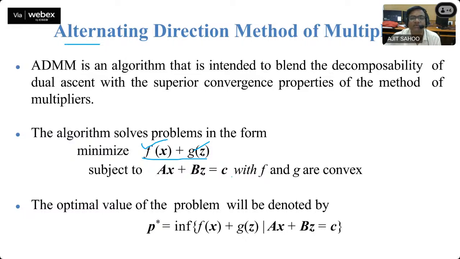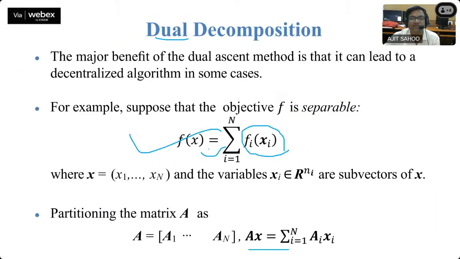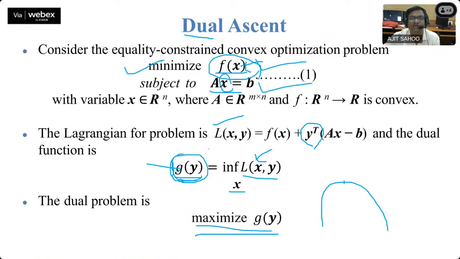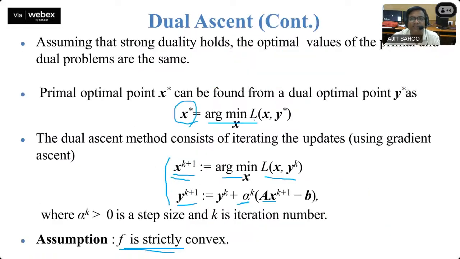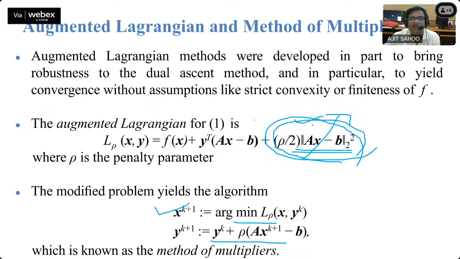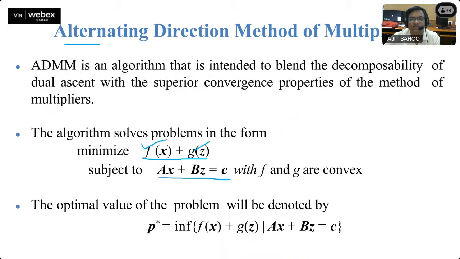That means earlier it was f(x), now it can be separated into two functions, f(x) plus g(z), and there will be one constraint like this. That means f(x) and g(z) are related in this way, where f and g are convex.